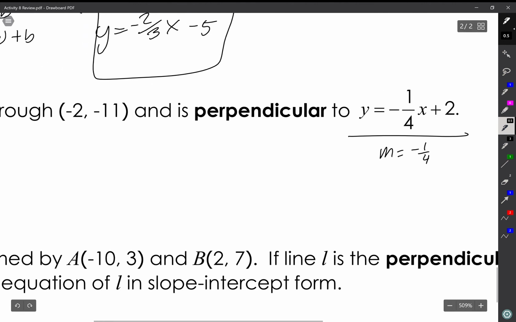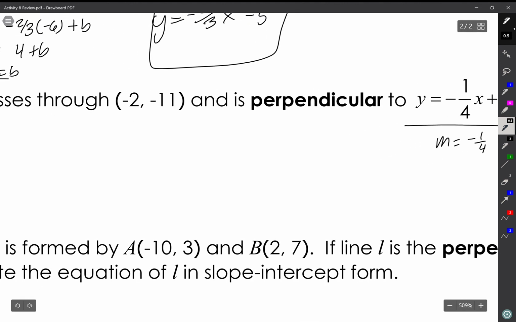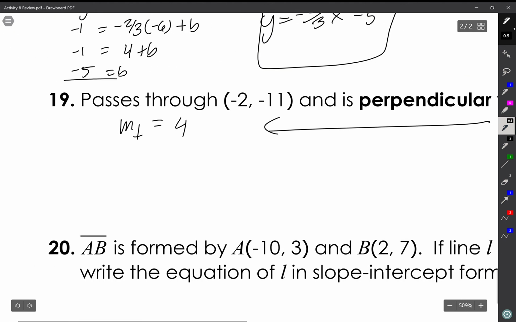So its slope will be the negative reciprocal of this -1/4, or the opposite reciprocal. So the perpendicular slope will be just +4. Right? Flip 1/4, you get 4/1, and then it's a positive number now.